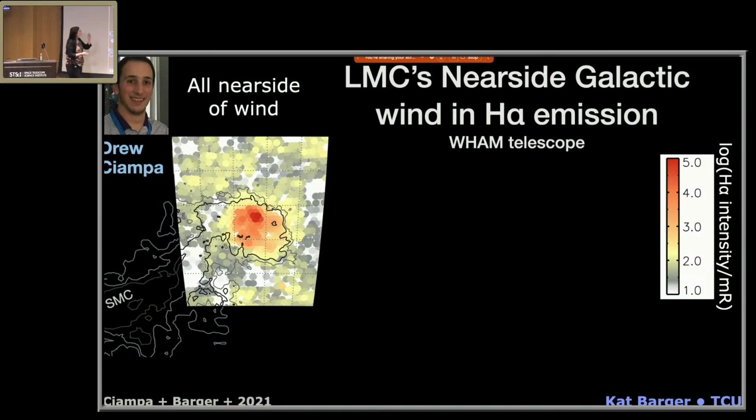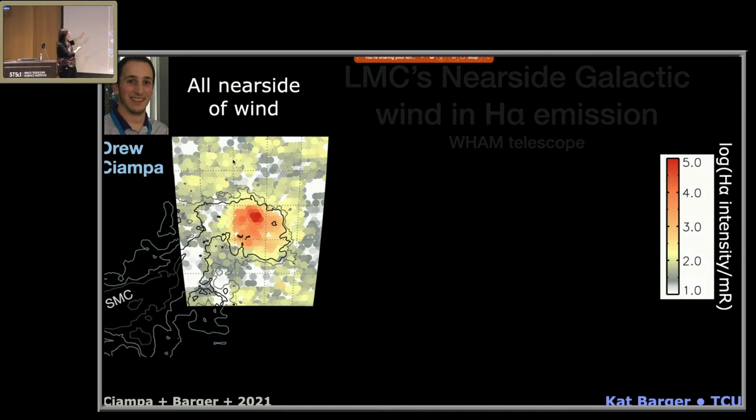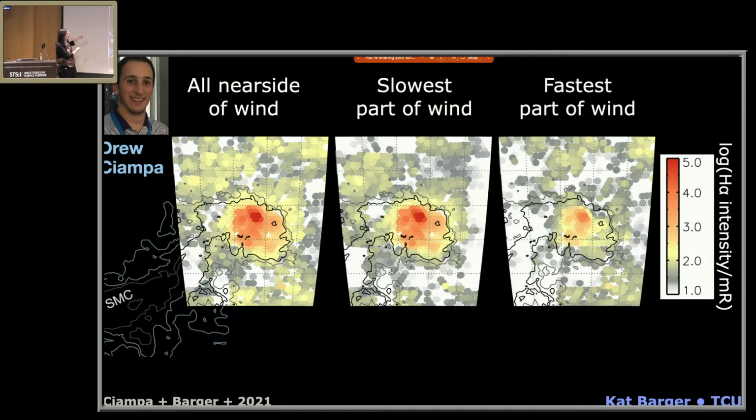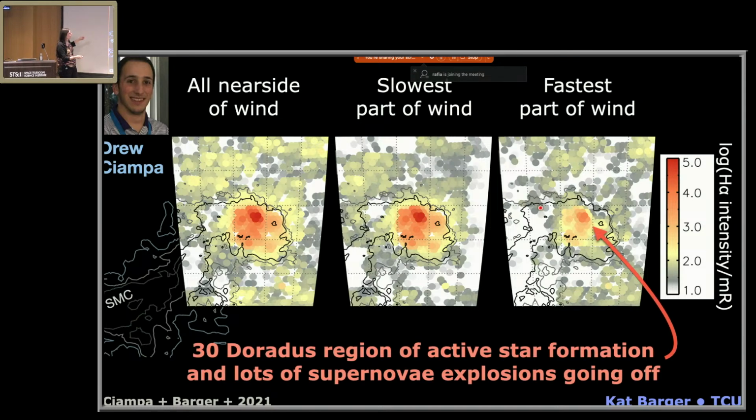Okay, so when we look at it, here's what we have for the total wind here in H-alpha for the near side. Okay, now if we break it up into the slowest component and the fastest component here. Okay, so with the fastest part, there's less gas, not too surprising. You need to be going relatively fast to escape out of the galaxy. Over here, we have 30 Doradus.